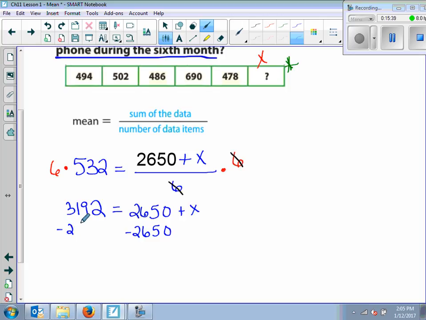So 2,650 cancels on that side. So x is equal to, now what is it? 542. 542 what? Minutes. Very good.